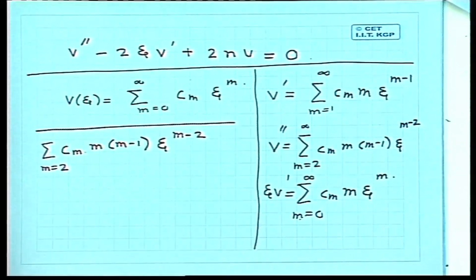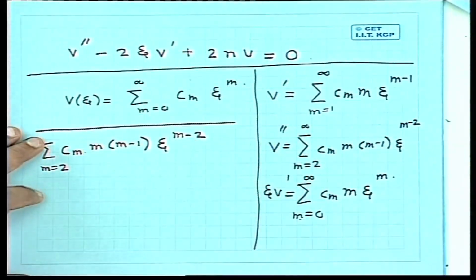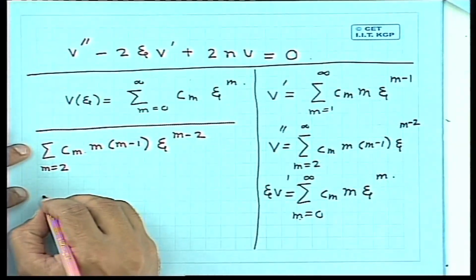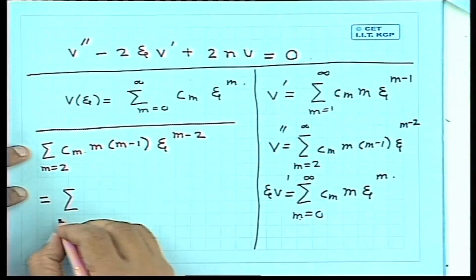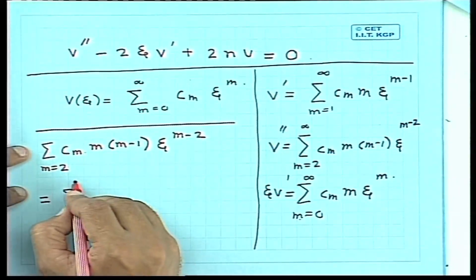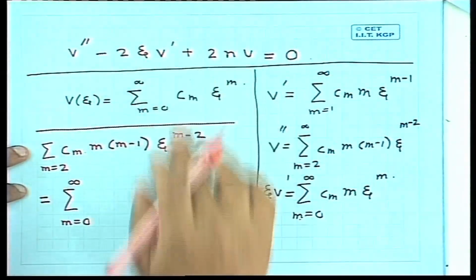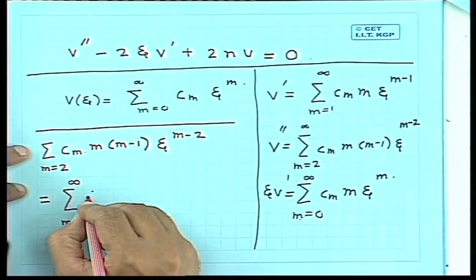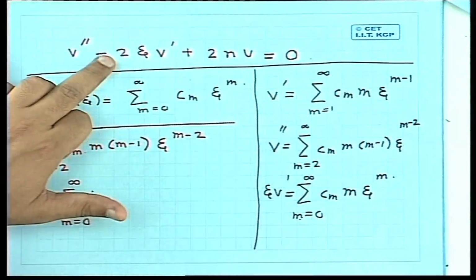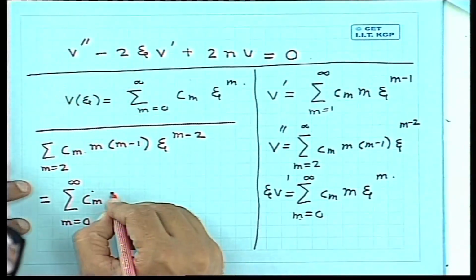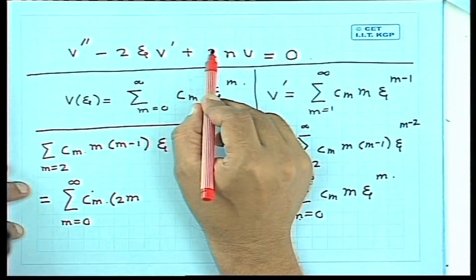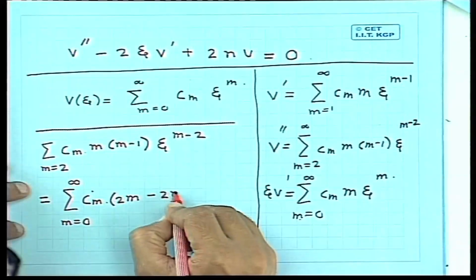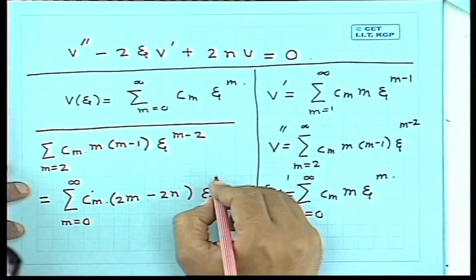So, I can take these two terms to the right hand side and combine them to obtain that this is equal to the sum over m equal to 0 to infinity of Cm, this will contribute 2 into m, and this will contribute minus 2 into n, times xi to the power of m.